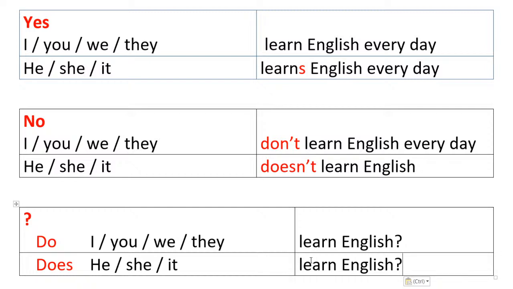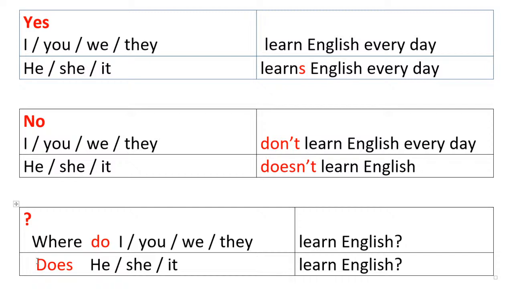But if you want to make a question with a question word, for example, you want to know when or where or how, you just put this question word in the beginning. So here you have, for example, where do you learn English? So you just put this question word at the very beginning.